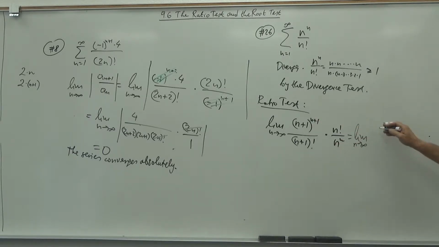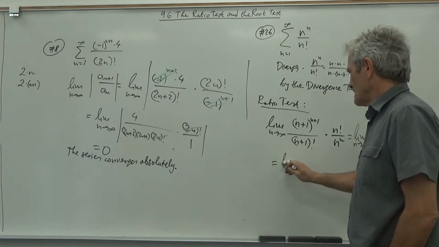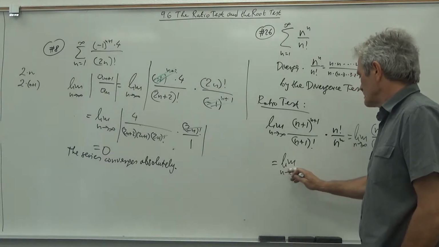I'll write (n plus 1) to the (n plus 1) like (n plus 1) to the n times another (n plus 1). That's the power property. And (n plus 1) factorial, that's the standard trick again, (n plus 1) times n factorial. So the first one is n plus 1, all the others are n factorial. Why is that good? Because when I have this, the n factorials cancel each other out, the n plus 1 cancels n plus 1, and I have the limit when n goes to infinity.